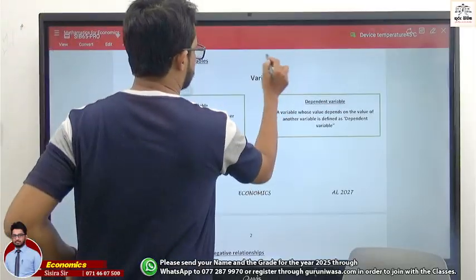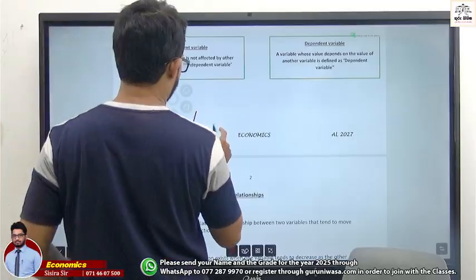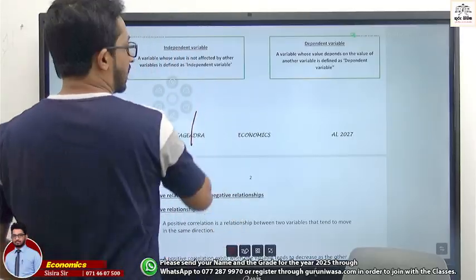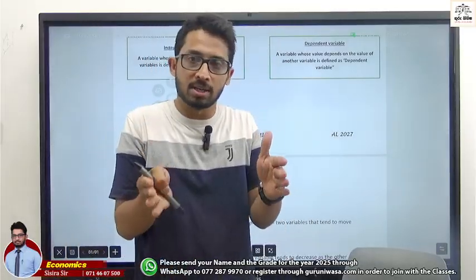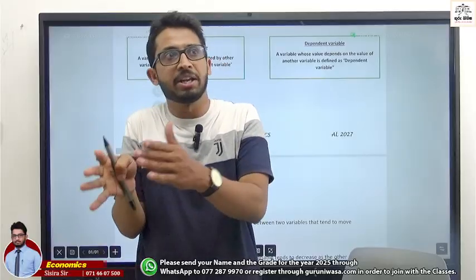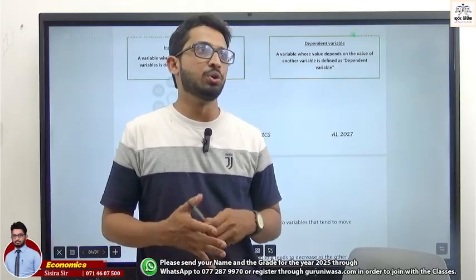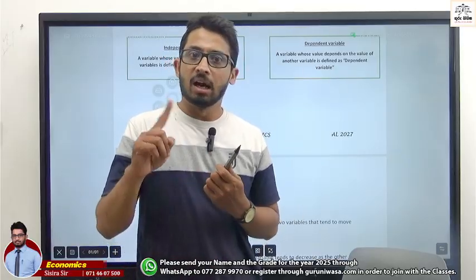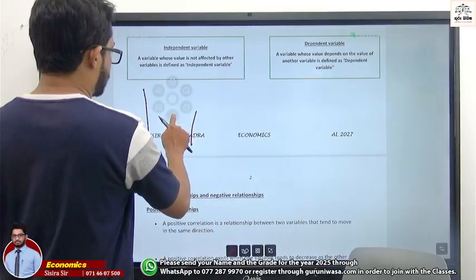Then there are 2 variables, lamai, independent and dependent. You should be able to recognize independent and dependent variables separately. That is the one thing I want you to understand. Other one is positive relationship and negative relationship.